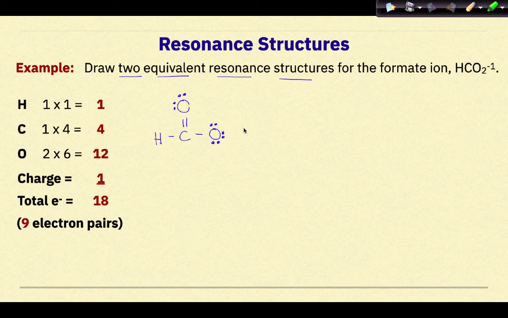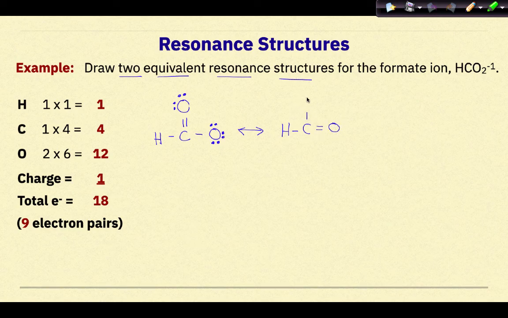So what is the resonance structure for this? Well, the resonance structure just means that instead of the double bond being located here, the double bond is now going to be located between this carbon and this oxygen. So if I redraw this, I have my carbon. I'm going to put a double bond here.